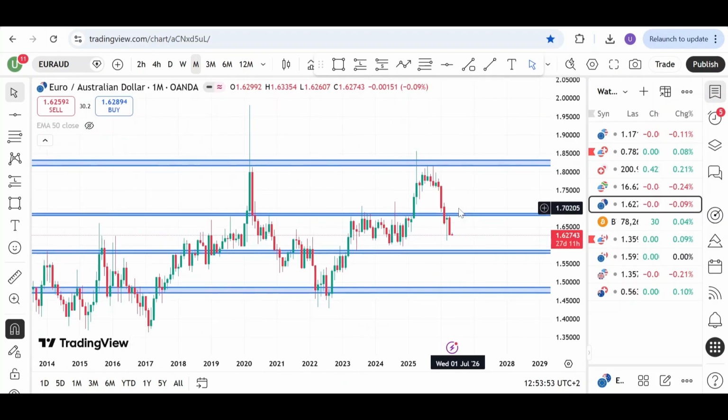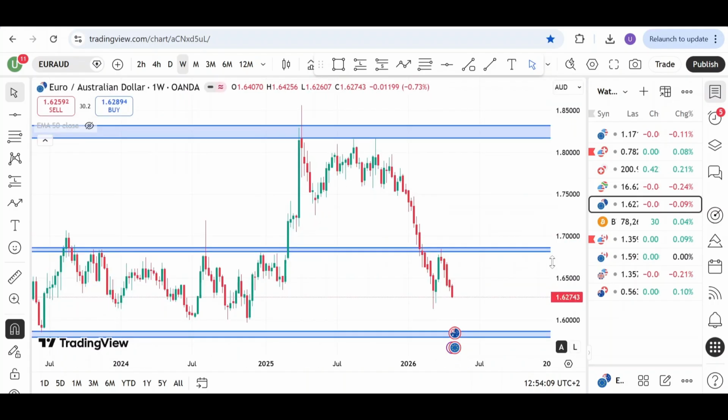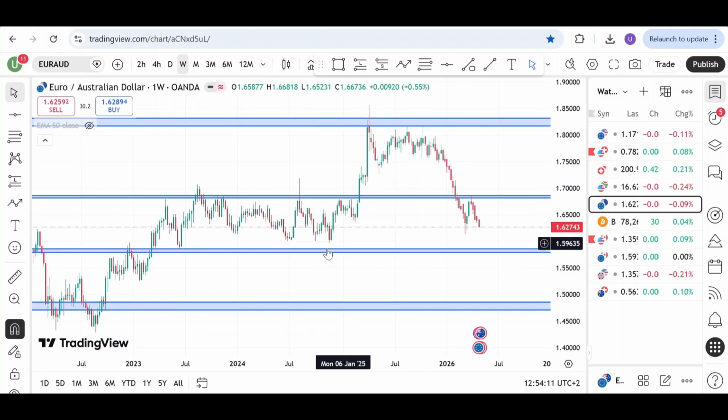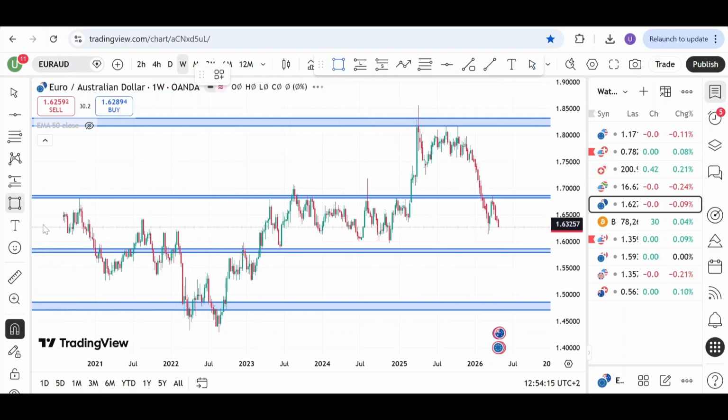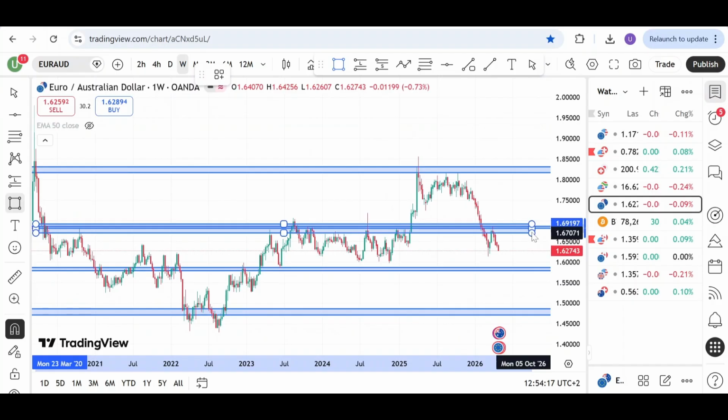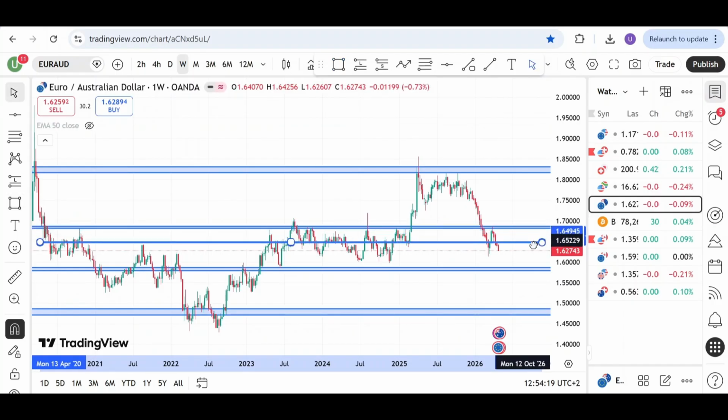Now, what's going on? We are in a downward trend because we have seen the sellers break below the monthly upper zone here. So let's go in a weekly time frame and see how we can capitalize on this move here. We are seeing another small level here.